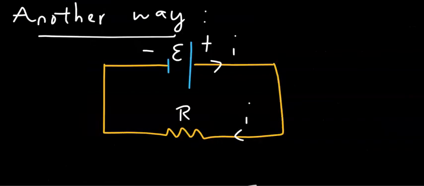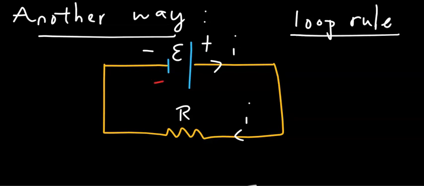Another way to look at the result that we have just derived is by using the loop rule. Let's assume the loop is oriented in that manner.